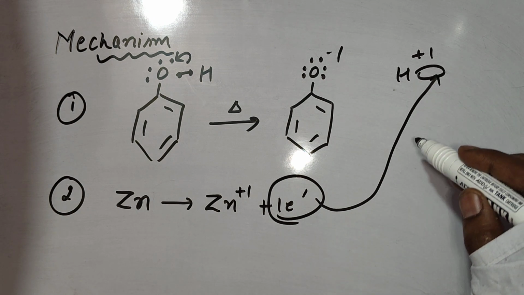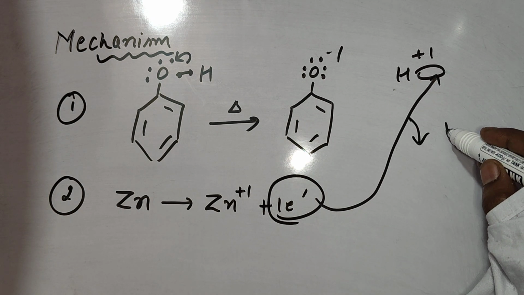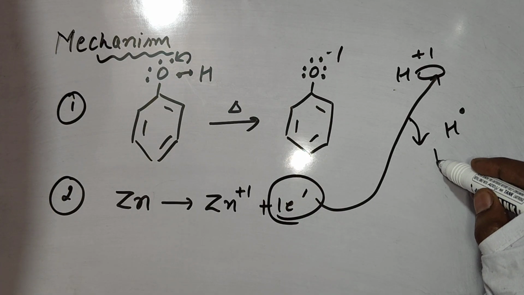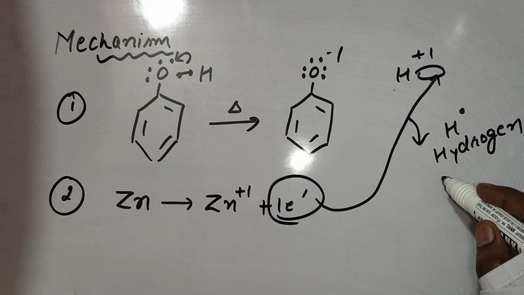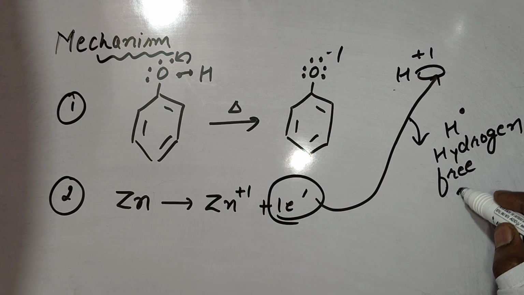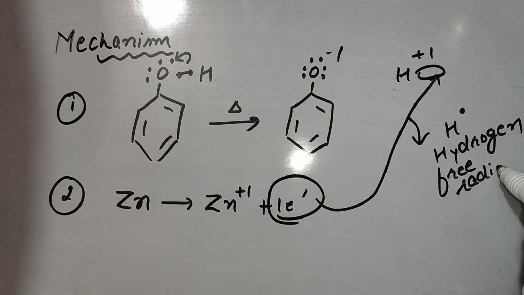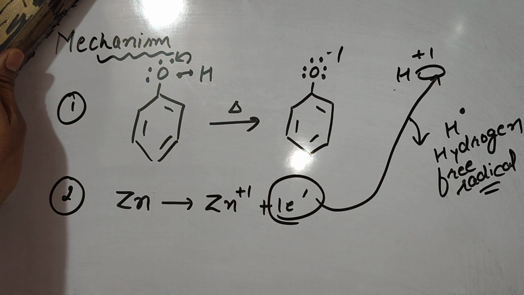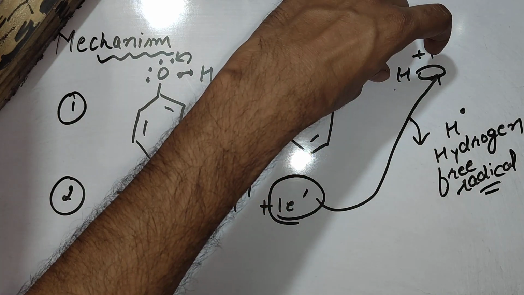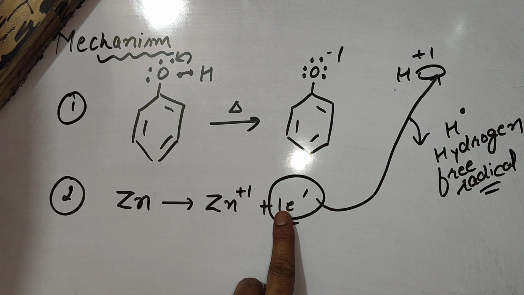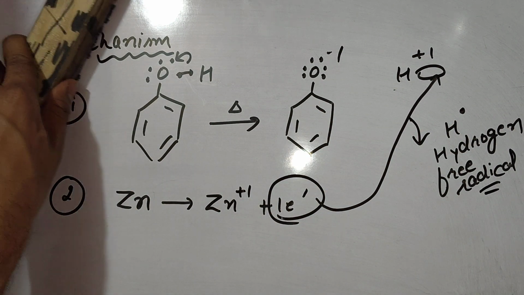Obviously it's an electrophile, it has a shortage of electrons, due to which it will become a hydrogen free radical. This is the initial stage of the reaction. In this first step, phenol turns to phenoxide with the release of H positive, and this H positive will become a hydrogen free radical by the gain of one electron from zinc.